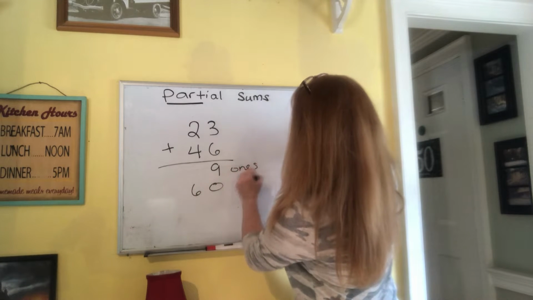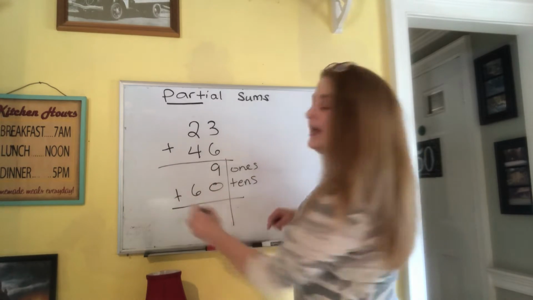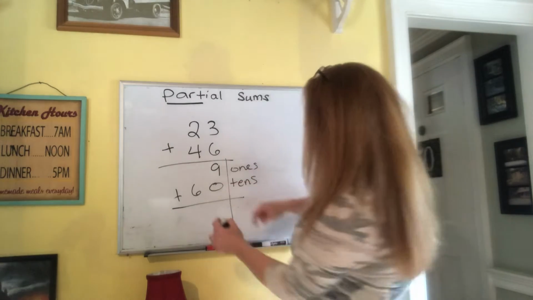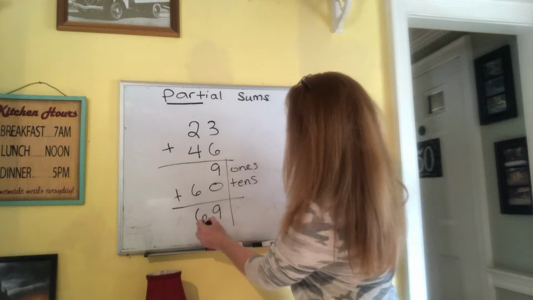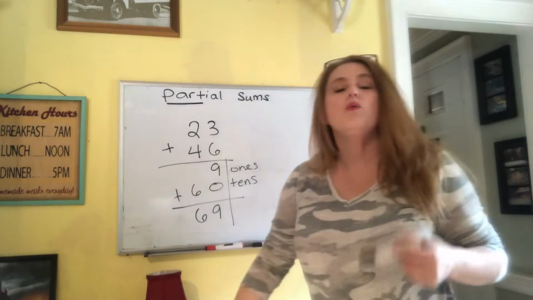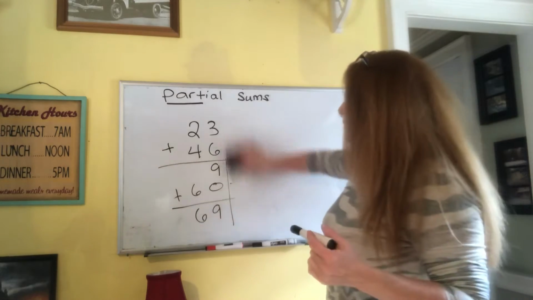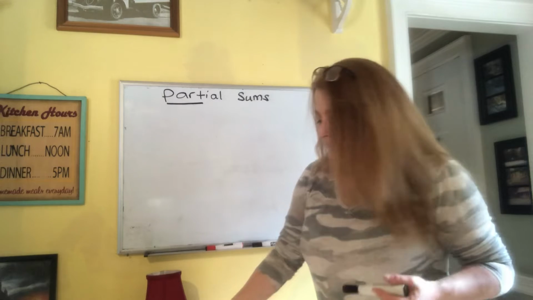So we would have the ones, and we would have the tens, and then to get our big sum, we would have to add those together, right? So we would do 9 plus 0 is 9. Nothing plus 6 is 6. We're going to keep going with that. It's the same process. We're just going to add the third place value, which is the hundreds.